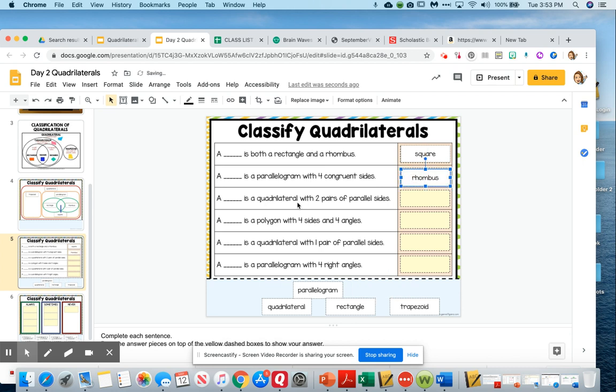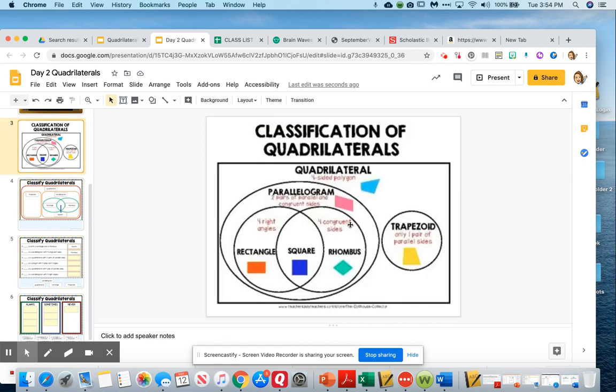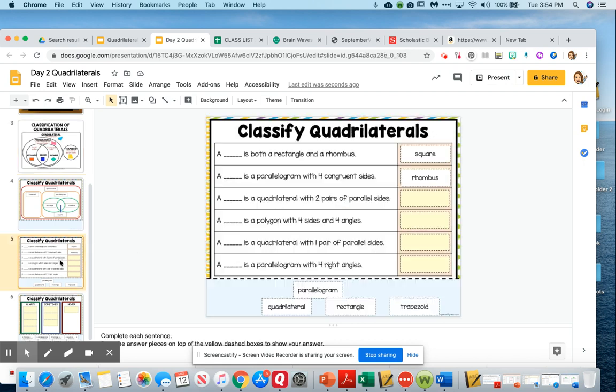Which is a quadrilateral with two pairs of parallel sides? Two pairs of parallel sides. So if we go back to this chart, it's right here, our parallelogram.